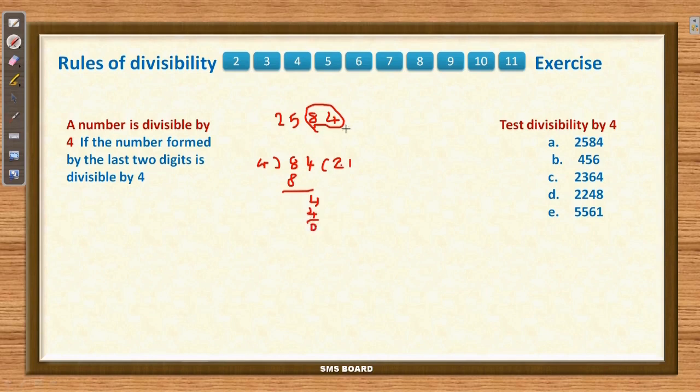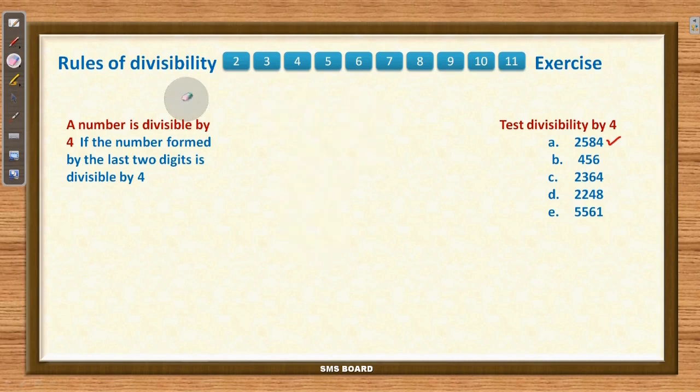So this 84 is divisible by 4. So this number is divisible by 4. According to the rule, a number is divisible by 4 if the number formed by the last two digits is divisible by 4.